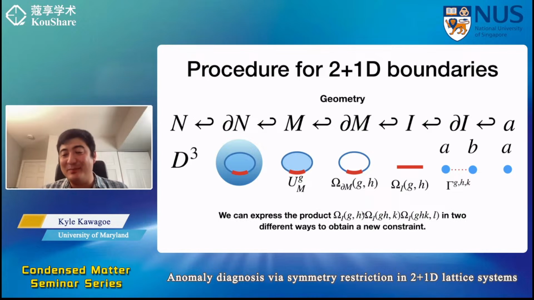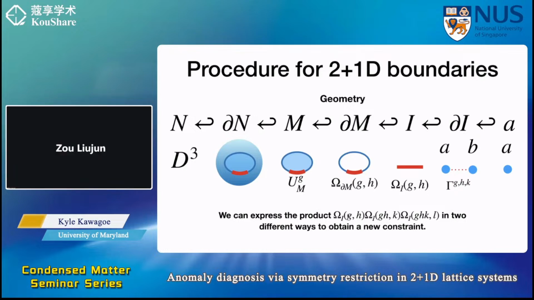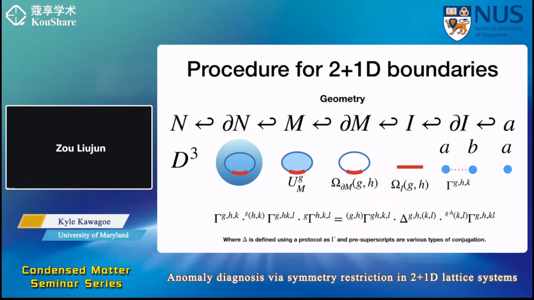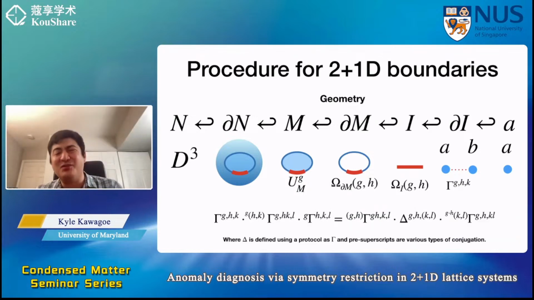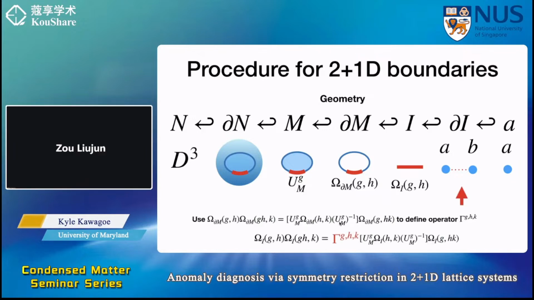The idea is the pentagonator is basically if you write this expression in two different ways, the pentagonator gives you a way to relate those two different ways of expressing it, and that's what gamma is. So gamma is defined as the difference between these two expressions here.